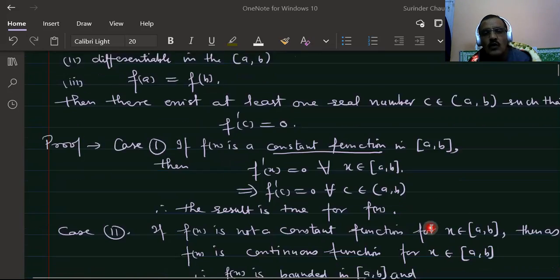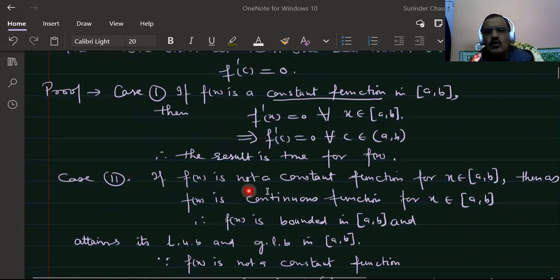Now the second case: f(x) is not a constant function in this closed interval. As f(x) is continuous in the closed interval [a, b], this implies f(x) is bounded in the closed interval [a, b]. It means that if f is continuous at each point of the closed interval, f(x) has a finite value.